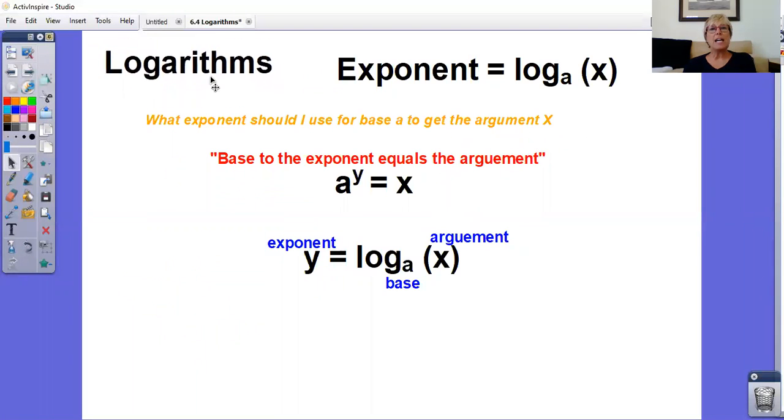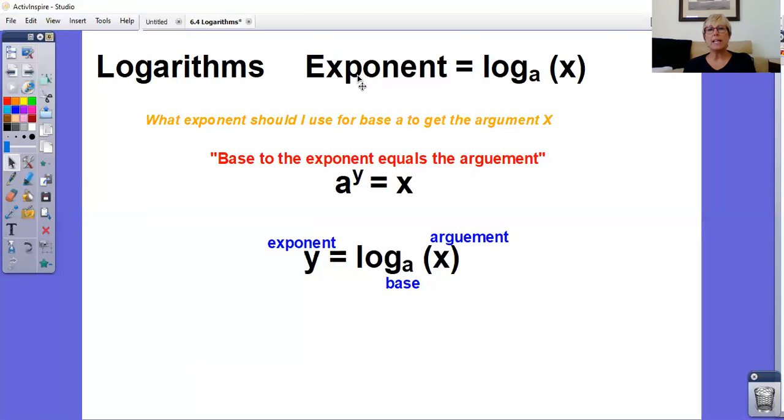So when I say find a logarithm, what I'm asking you to find is an exponent. The answer to a log expression is an exponent. So you're really saying, what exponent should I use for base a to get the argument x? So this is the exponential form of a function.